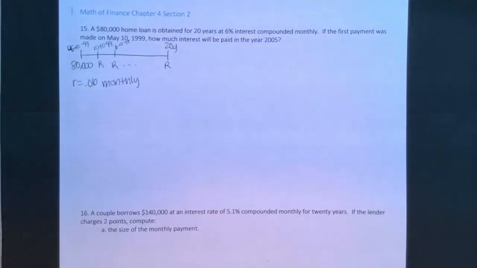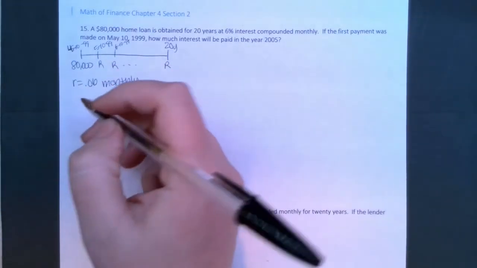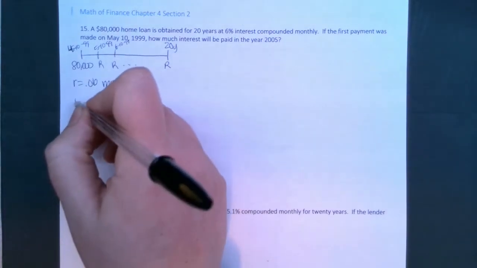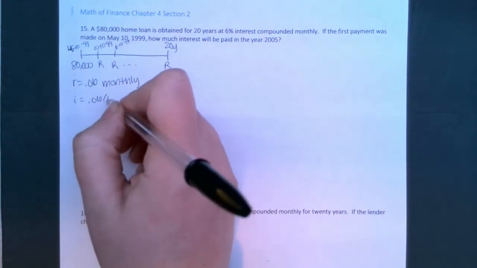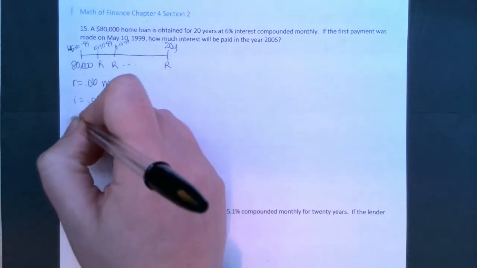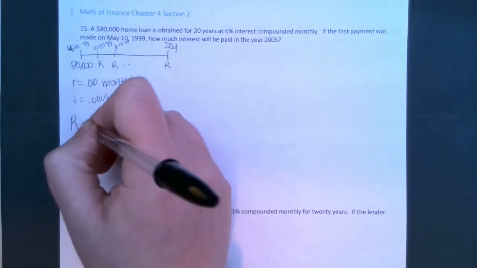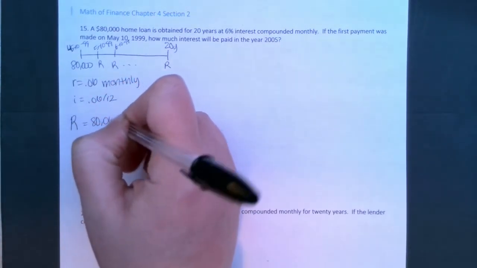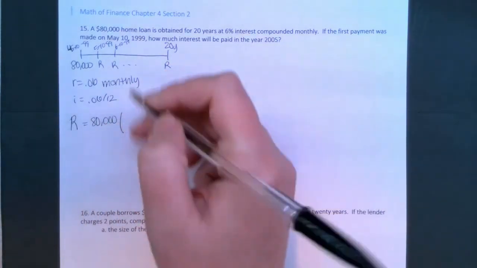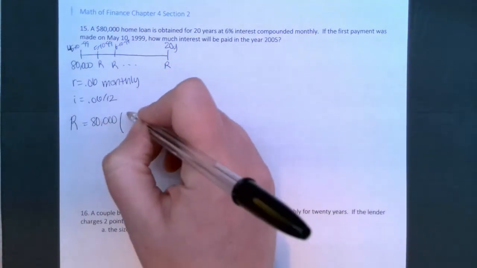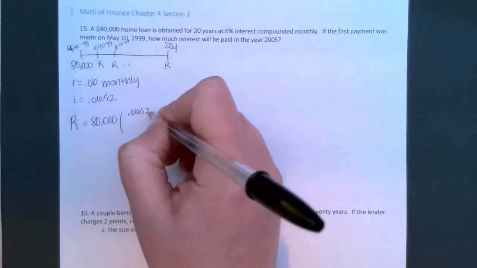Okay. So first thing we have to do here is figure out our monthly payment. Our I is going to be 0.06 over 12. And then we're going to find our regular payment, so it's going to be 80,000 times, and I'm just using the A sub n formula here.